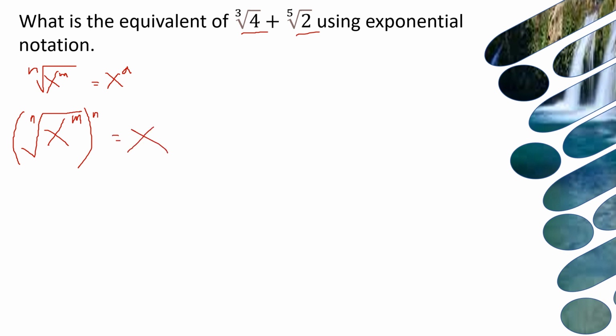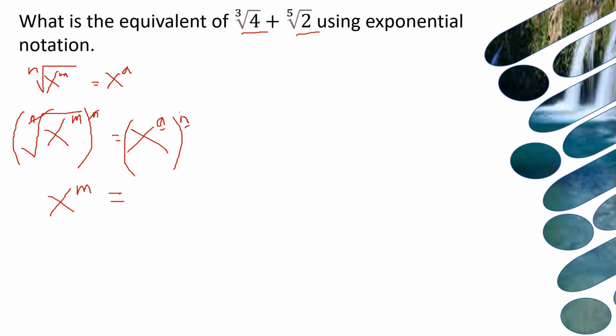Also, we raise x raised to a with n. Since the inverse of n is the nth root, they cancel each other out. We have x raised to m is equal to x raised to a to the power of n.